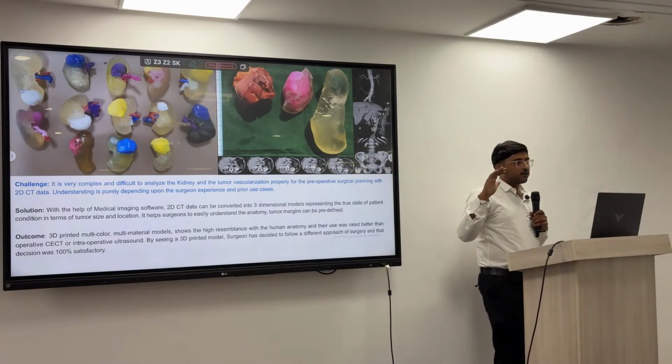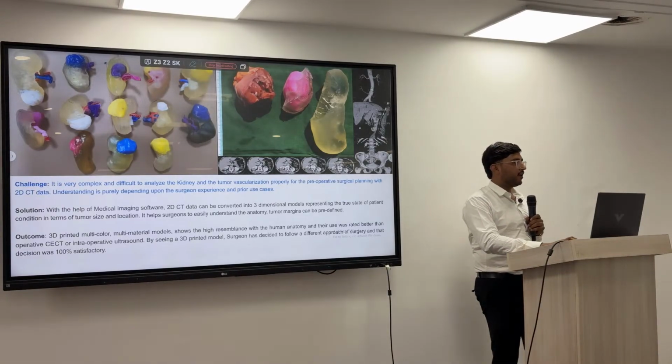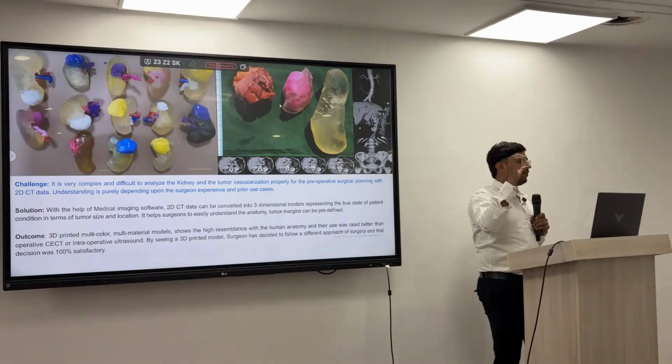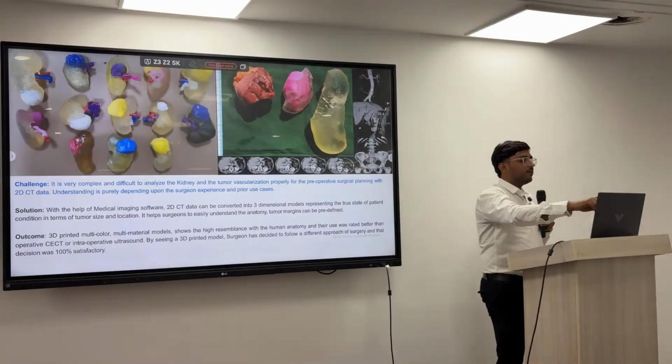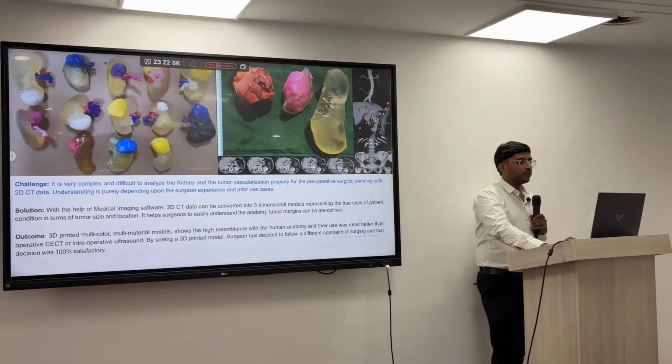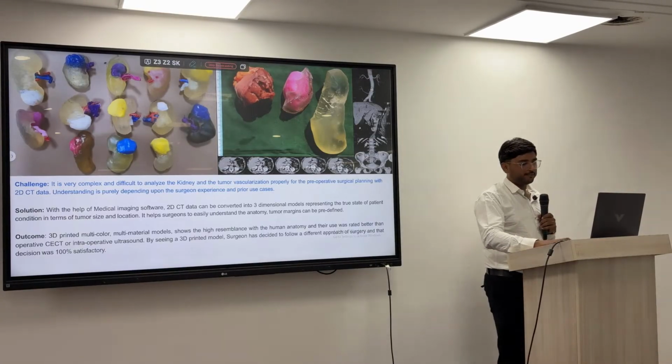Then you can see the final image. The kidney was saved, and the same size of tumor which we created using 3D printing was removed from the patient. That is the accuracy which we achieved with 3D printing.